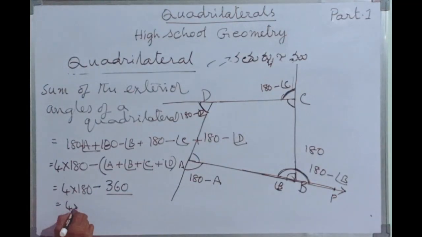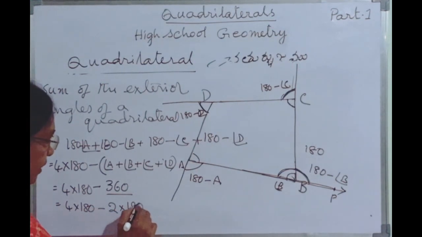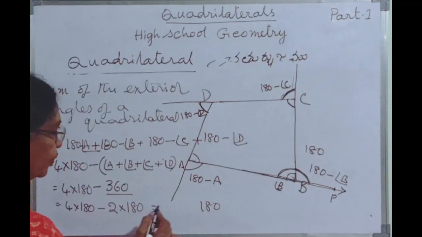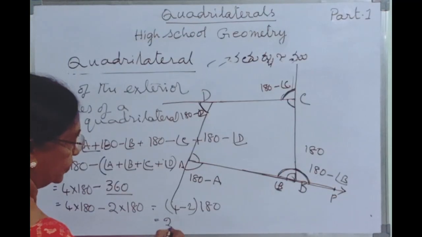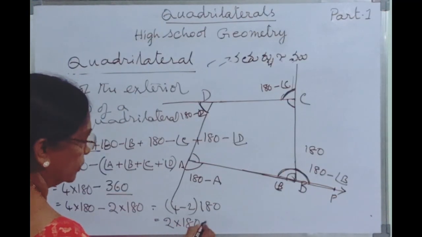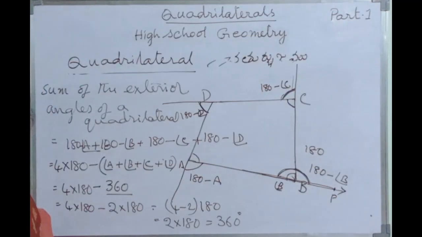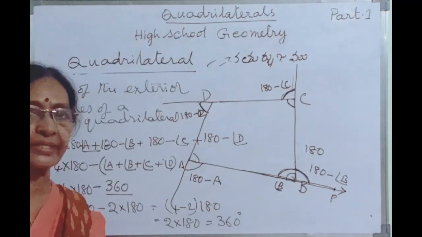So 4 into 180 minus 2 into 180. 180 is common in both the terms. 4 minus 2 is 2. 2 into 180 is equal to 360 degrees. Therefore, the sum of the exterior angles of a quadrilateral is 360 degrees.